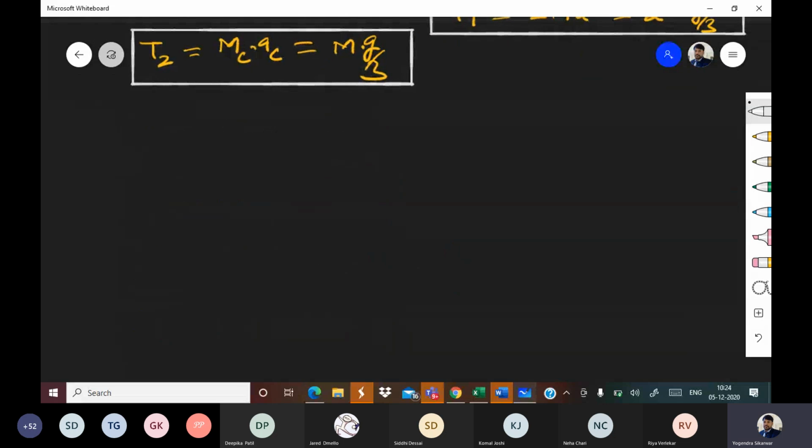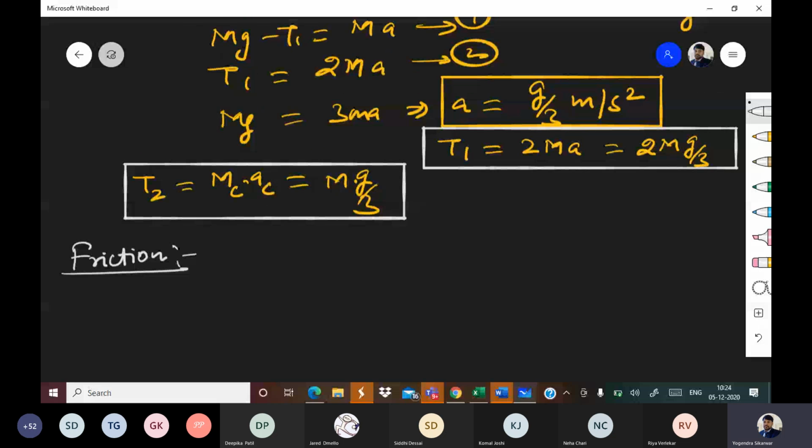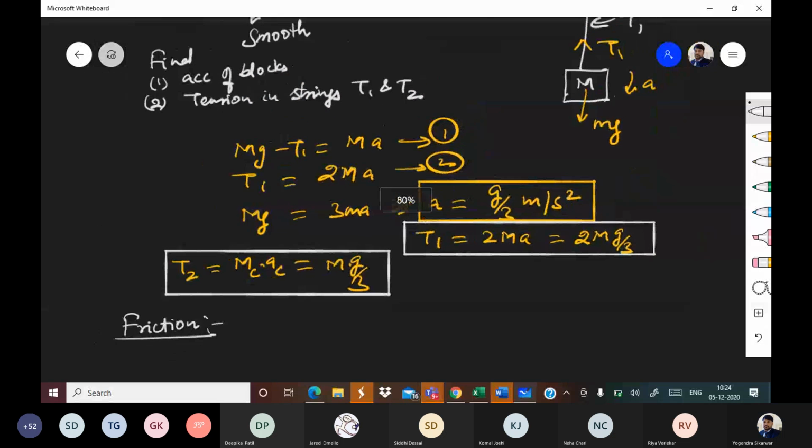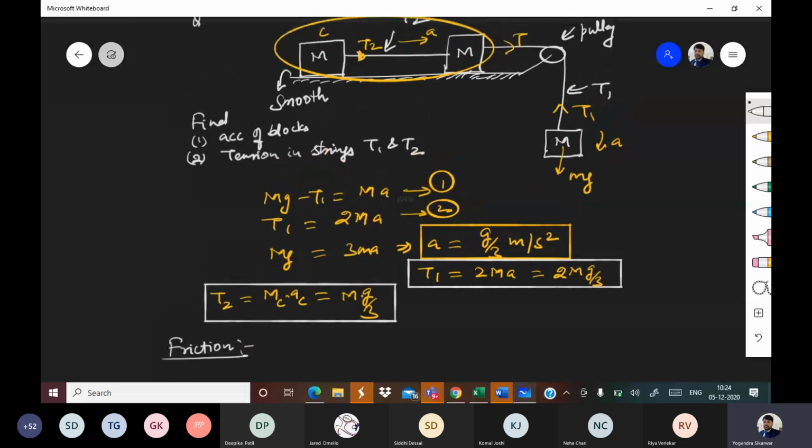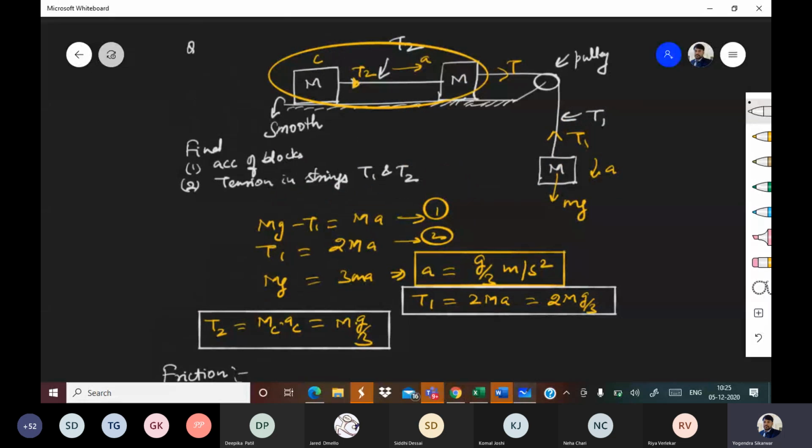Next, we are moving towards friction. So, what all do we know? Okay, Asmita, pay attention. In the previous question which we just did, there were three masses.